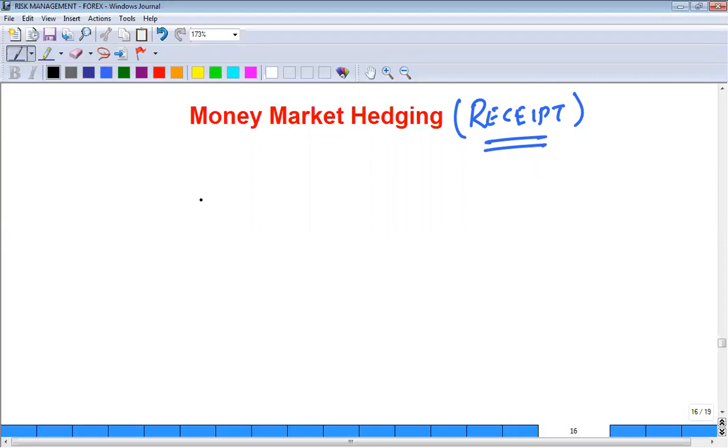Number one, first of all, we have to consider that in the case of export, you have to receive. It is an export or receipt exposure. We now have a foreign currency asset.